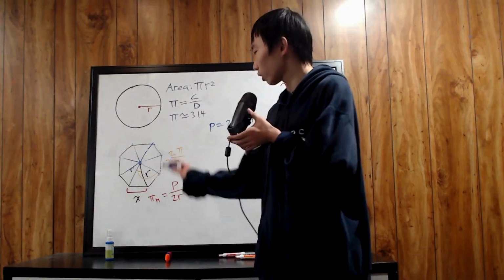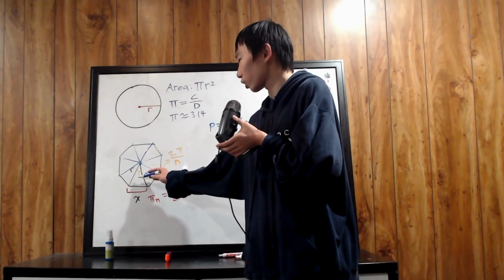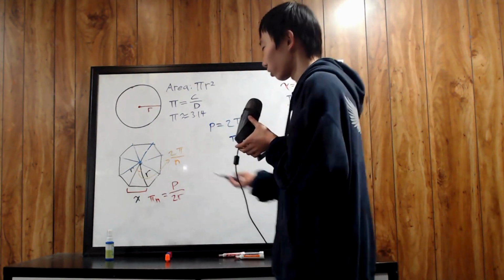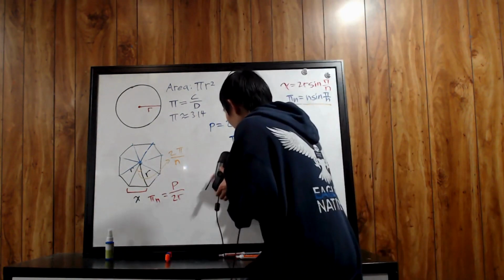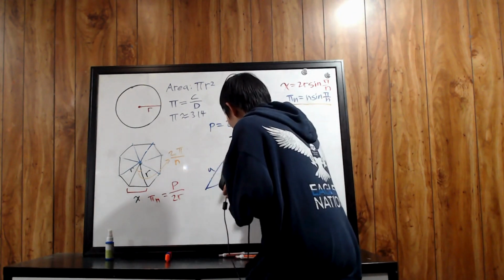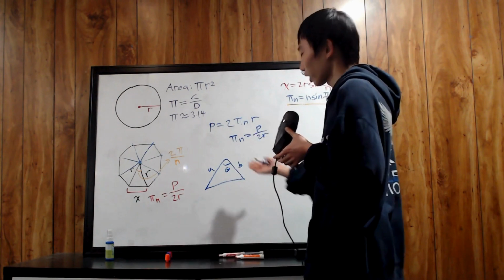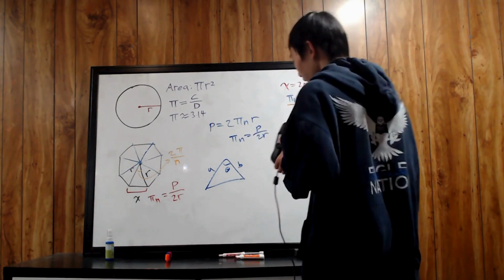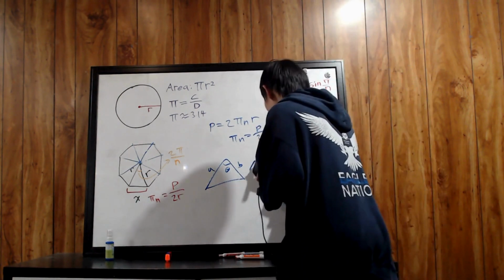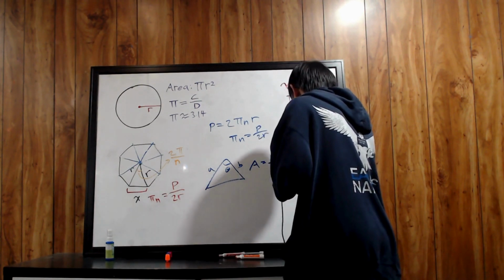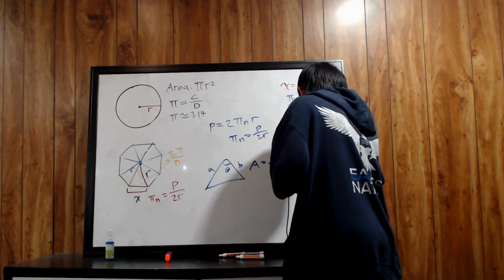What we have to do is take the area of one of these triangles and then multiply it by n, since there are n of these triangles. So we can actually use the triangle formula with sine. If we have a triangle with side lengths A and B and then angle theta in between, then the area of this triangle is just equal to 1/2 times A times B times sine of theta.